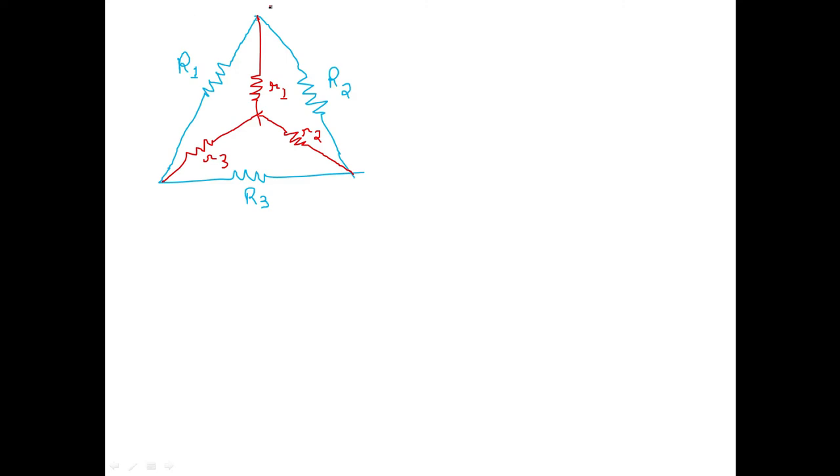We denote three points: first, second, and third. This first is R12, the resistance between first and second terminal; this is R23, the resistance between 2 and 3 terminal; and this one is R31, the resistance between 3 and 1. Now how to find the value of star or delta?